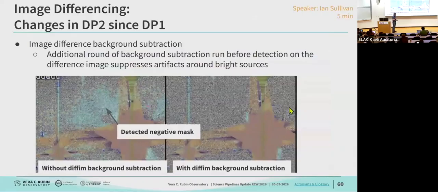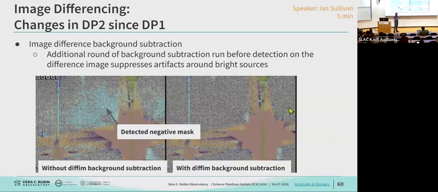Another feature that has been introduced, primarily to deal with some pedestals in U band where you're getting spurious detections, but also, as is highlighted here, more spurious sources around the wings of bright stars, is an additional step of background subtraction in image differencing. In image differencing, we are looking primarily for very point-like sources, and we don't have the same concerns about preserving galaxy structure.